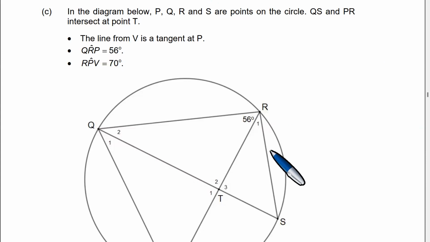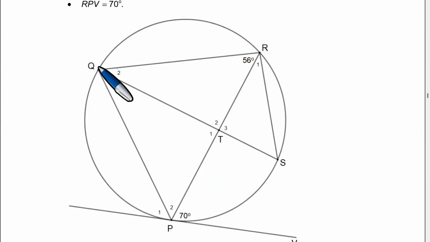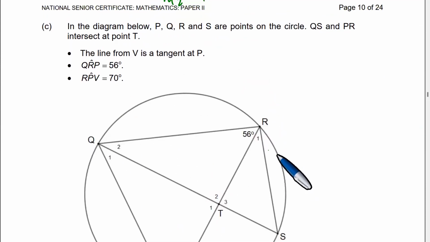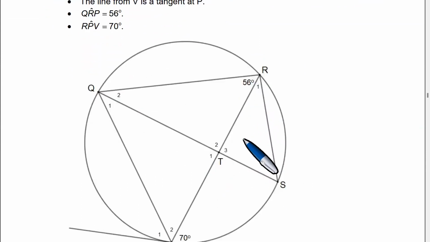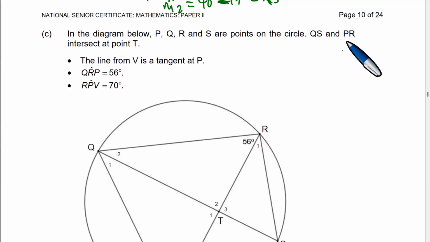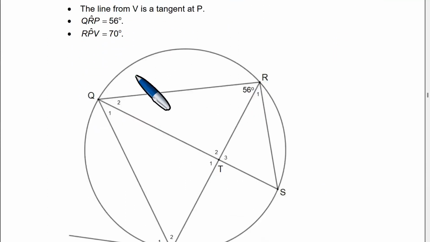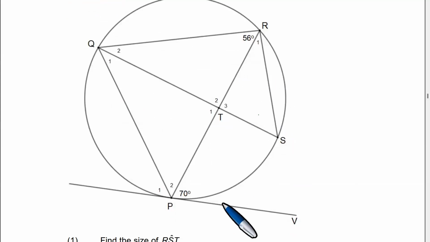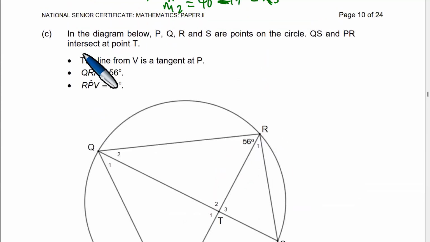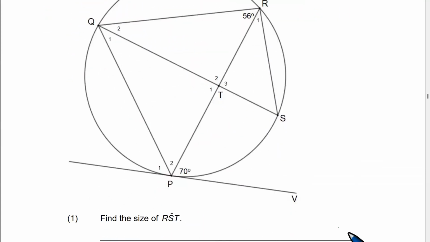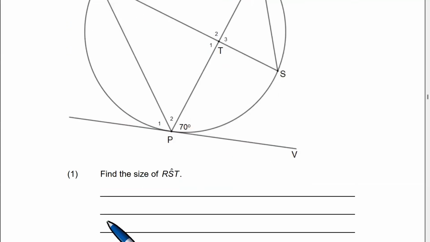So in the diagram below, PQRS are points on the circle. QS and PR intersect at point T. The line from V is a tangent at P. So here we're dealing with a tangent.